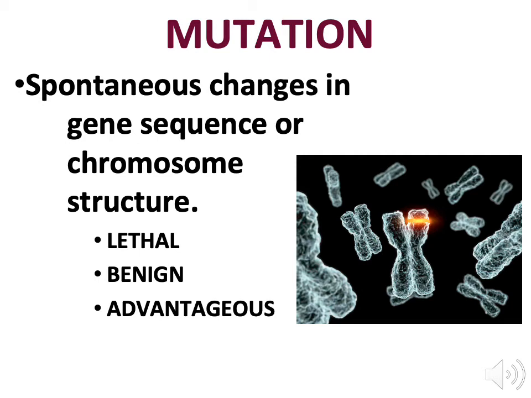So any spontaneous change in a gene sequence or a chromosome is going to affect the protein being made. The results could be lethal, detrimental, benign, having no effect at all, or advantageous, having a benefit to the fitness of the organism.